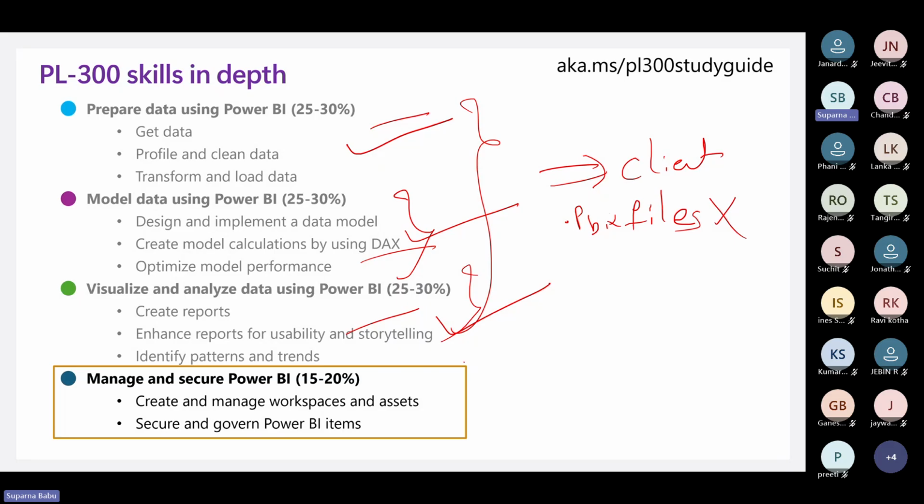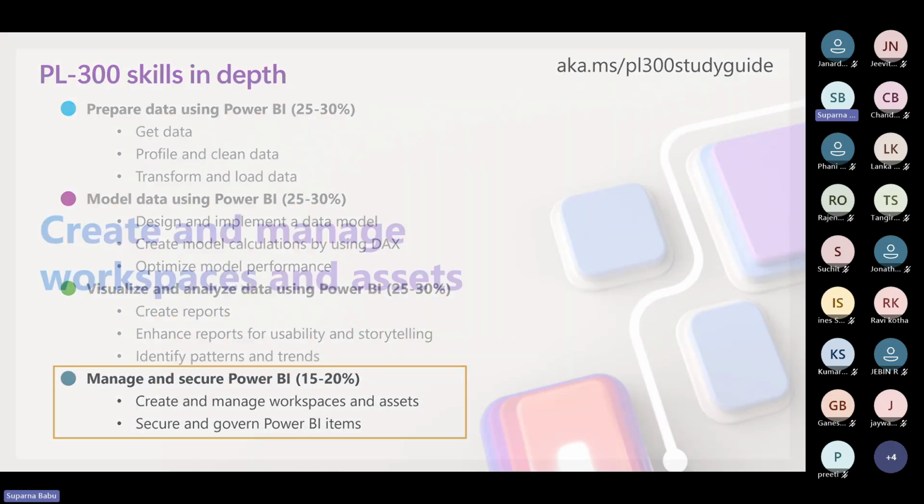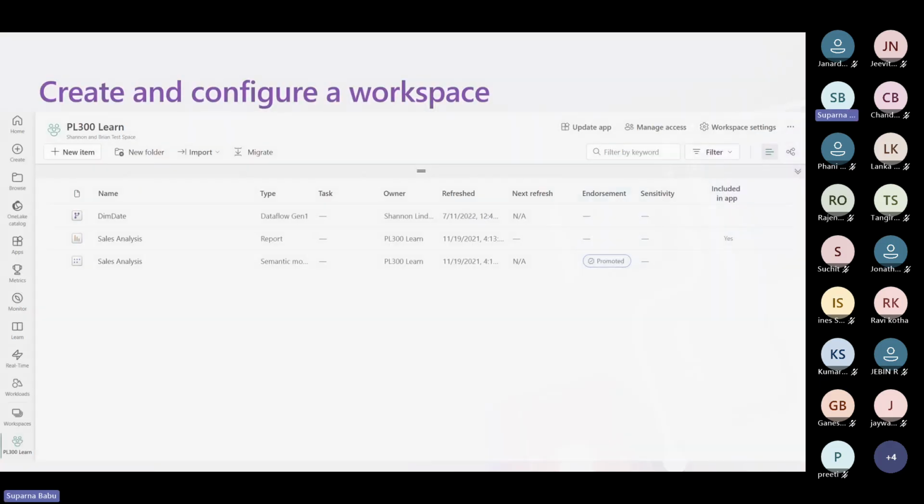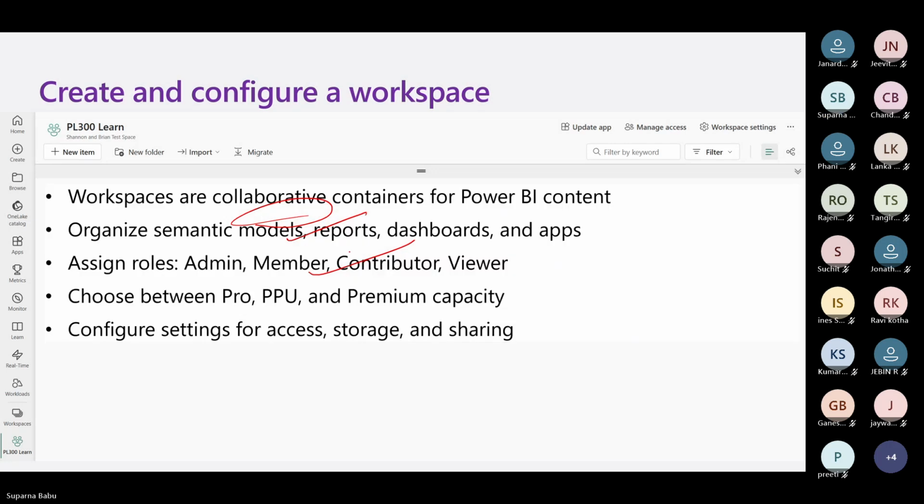Now let me talk about what is manage and secure Power BI. Here you can see a sample screenshot with something called dataflow Gen1, some reports and a semantic model. There are 4 bullets.